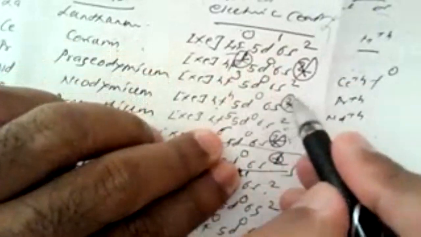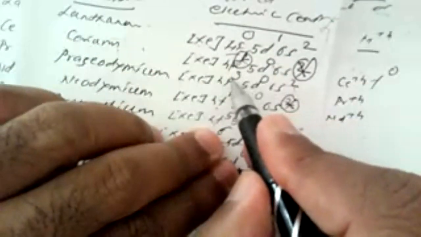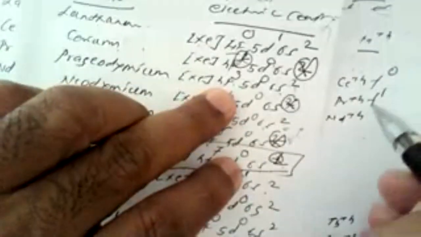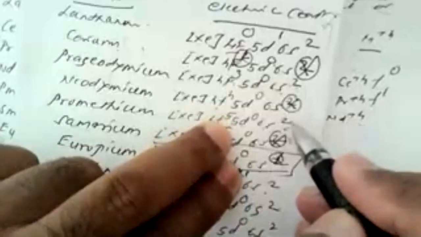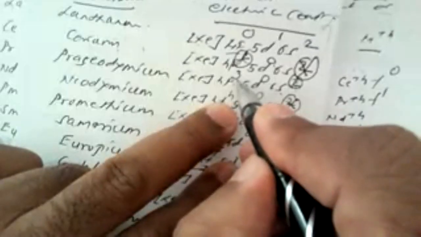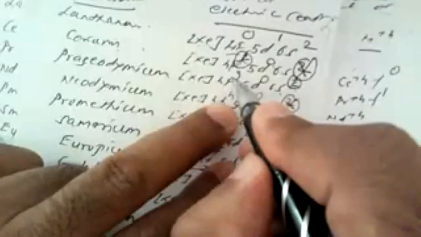So it becomes f0. For praseodymium, this is the electronic configuration 4f3, 6s2. So 2 electrons should be lost from this, so it becomes f1. And for neodymium +4, with loss of these 2 electrons and 2 more electrons, it becomes 4f1 and here 4f2.